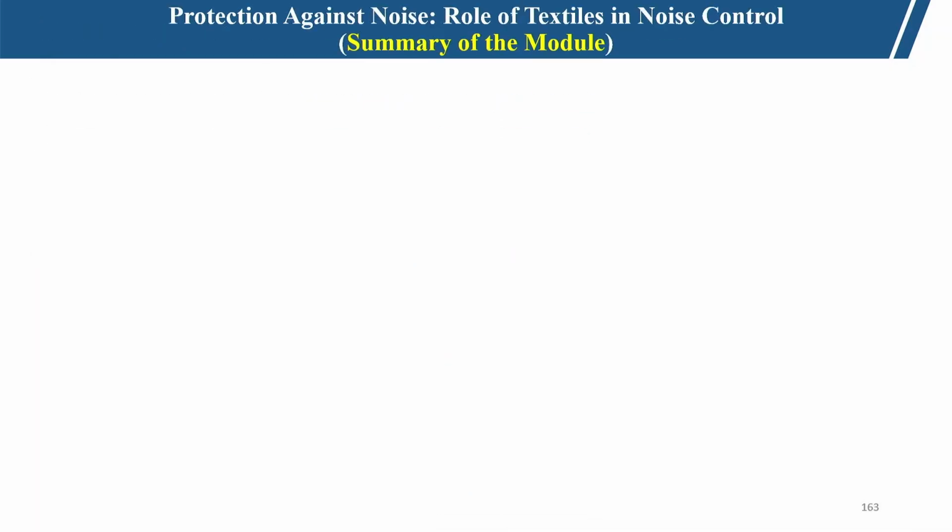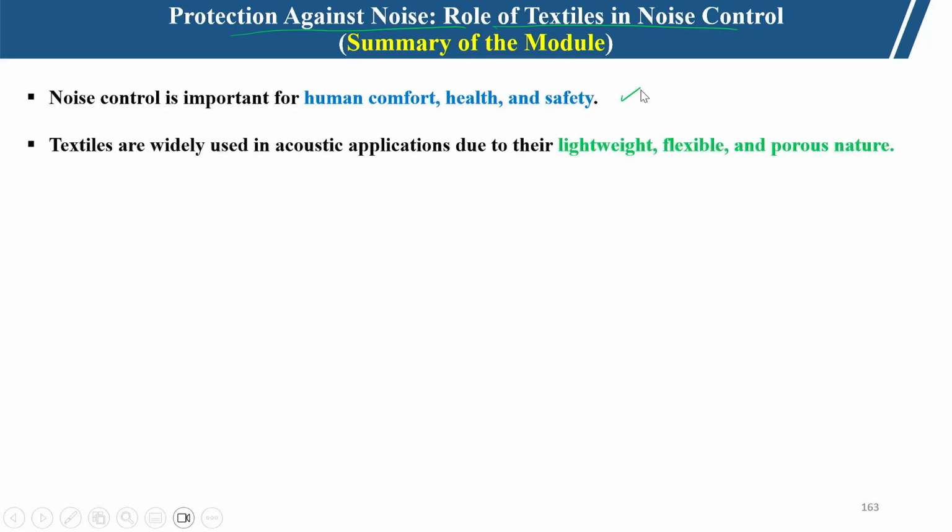Now, the overall summary of the protection against noise, the role of textiles in noise control. Noise control is important for human comfort, health and safety. Textiles are widely used in acoustic applications due to their lightweight, flexible and porous nature.